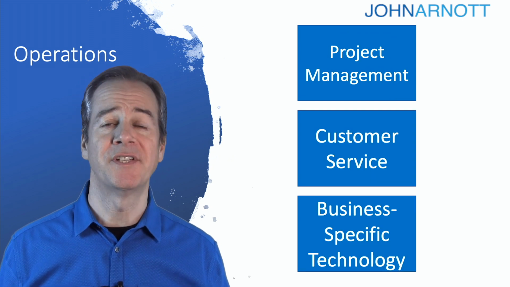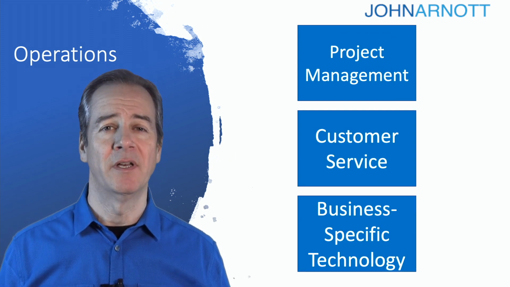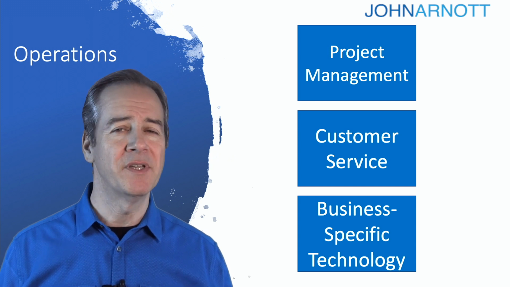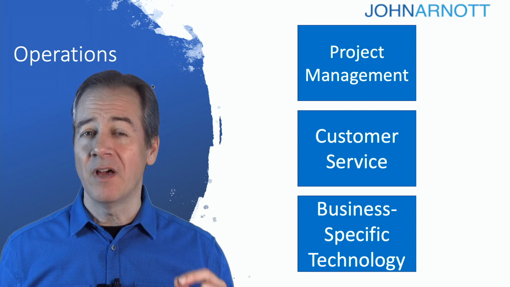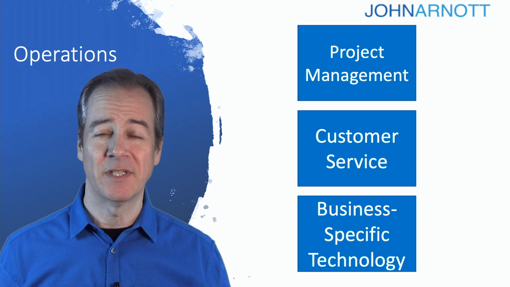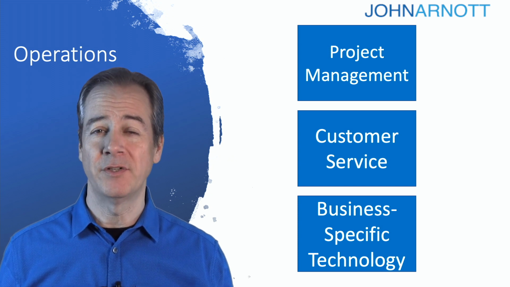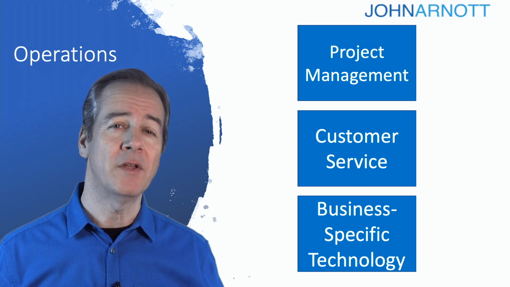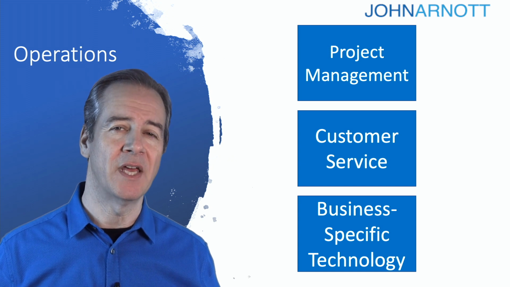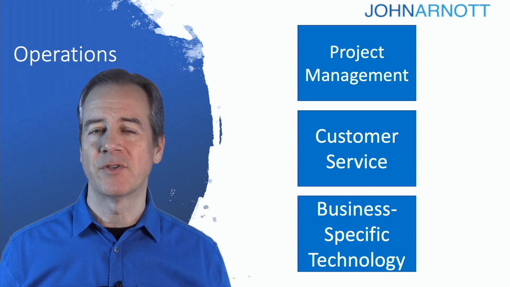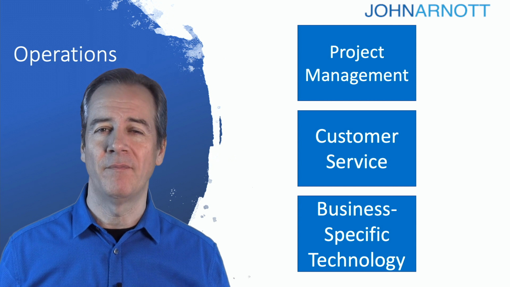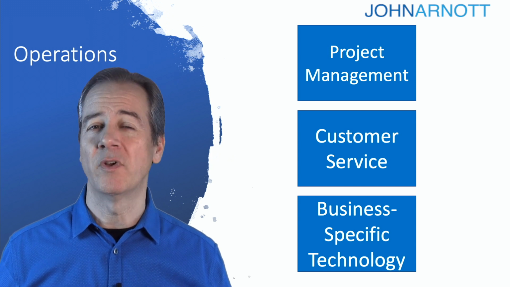So your operations team, you have project management, you have customer service, and you have your business-specific technologies. Put time into selecting a project management system that will work with your people, your team, and your processes, but that will also tie into the other systems that you have. Your customer service system, the same thing. Be thoughtful as you grow of what that's going to look like.